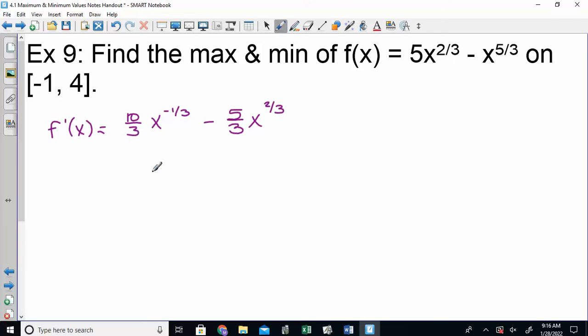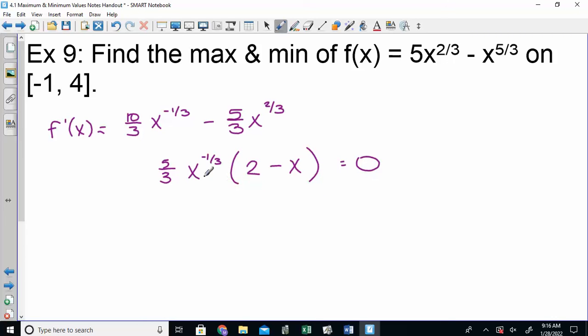What's our greatest common factor? So looking at the numbers, 10/3 and 5/3, we could take out 5/3. With your variable, you take out the smaller exponent, so that would be negative 1/3. All right. 10/3 divided by 5/3 would be 2, and we took out all of those x's. Minus, we took out the 5/3. When you factor out, it's like subtracting exponents. So 2/3 minus negative 1/3 be 2/3 plus 1/3, which is just an x to the first.